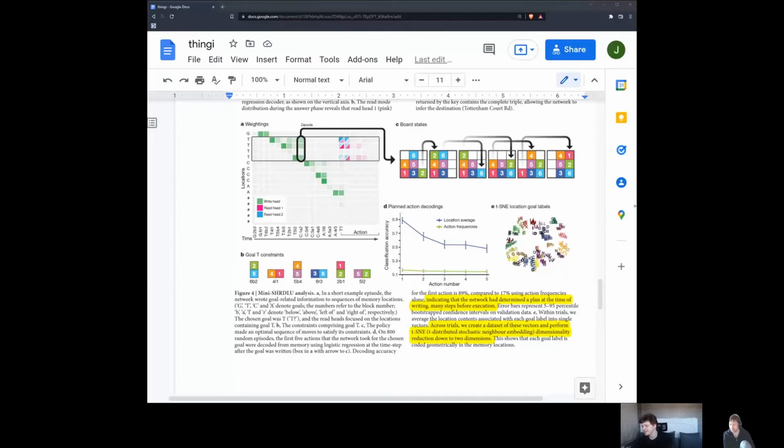Yeah. But after this small tangent, can you now tell me what figure E actually tells us?